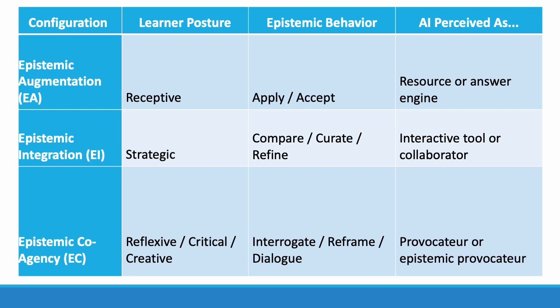But what I would push against is, while each of them has a role, the problem is we should not see augmentation and integration as being sufficient. So we shouldn't get complacent in those two postures and stay there. We need to be continuously pushing towards co-agency, right? And that's what I am hoping will happen with what we're doing with Gen AI tools.